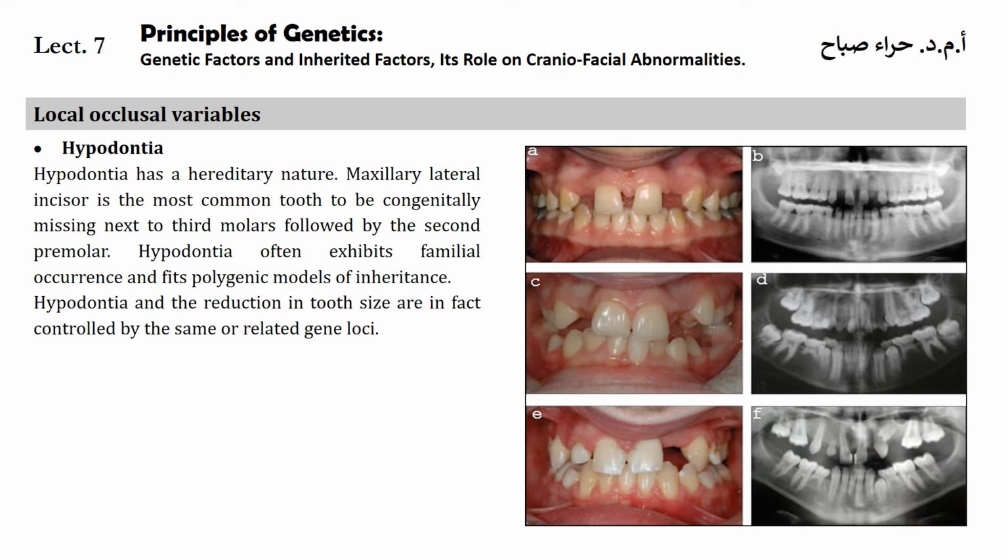Hypodontia often exhibits familial occurrence and fits polygenic models of inheritance. Hypodontia and the reduction in tooth size are in fact controlled by the same or related gene loci. So as we see here, the most commonly missing tooth is the lateral incisor.